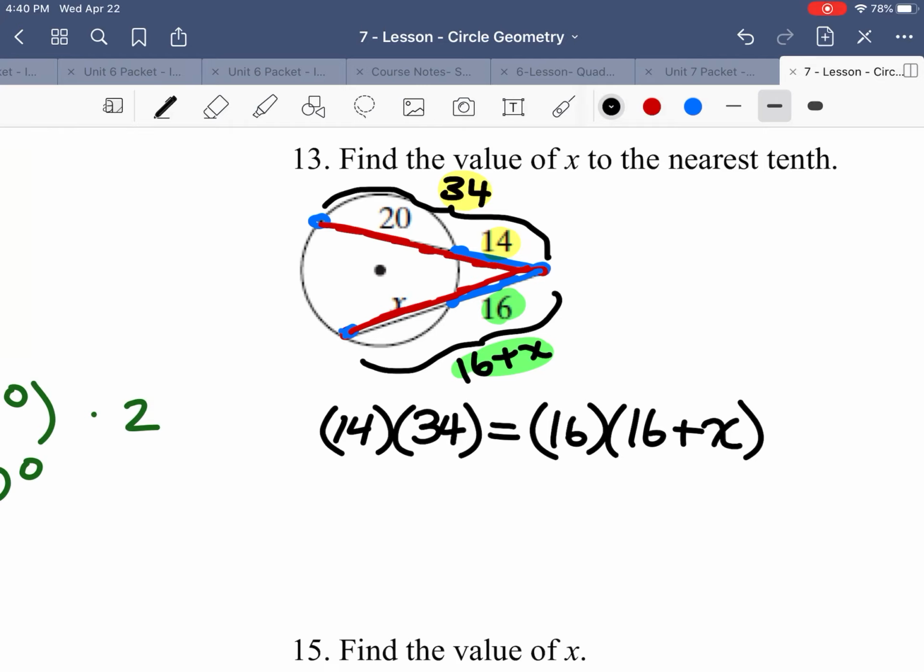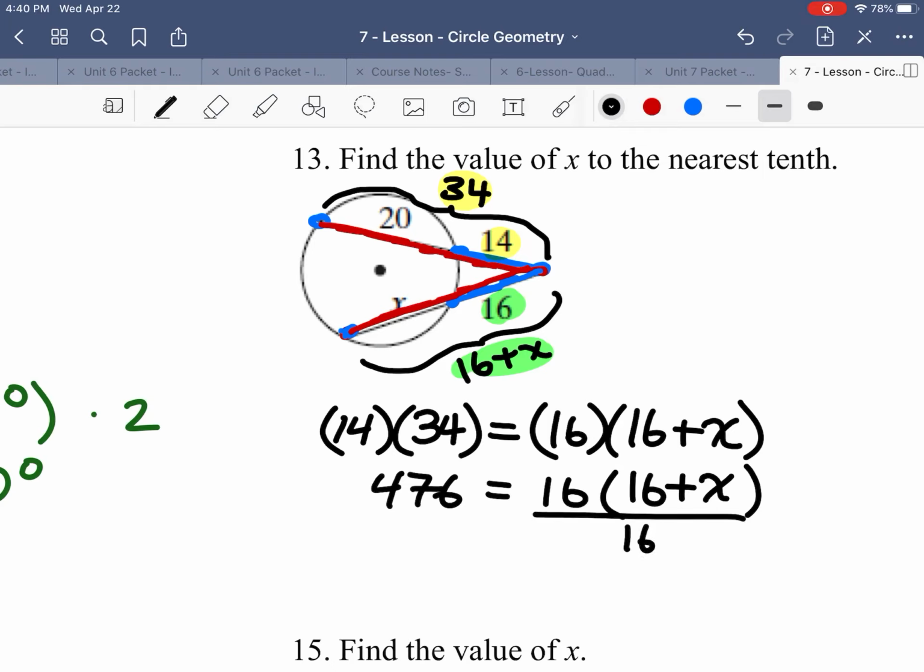All right, so 14 times 34 is 476. I'm going to divide that by 16.